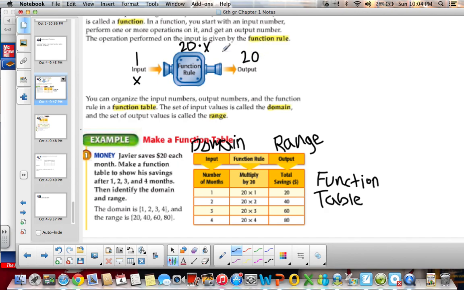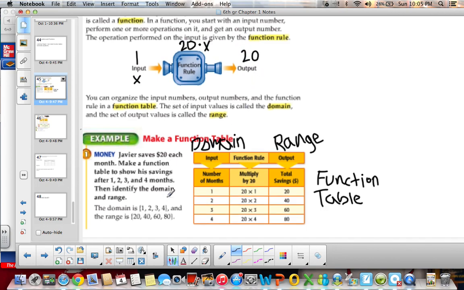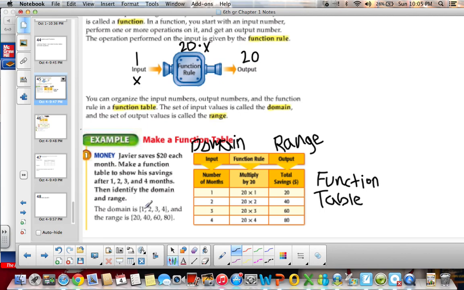There's no way that it could be 40 or 60 or 80 if we put in 1. If we put in 2, then it's 20 times 2, and we get 40. Then we would write it this way. This is called a set of values, with our little brackets. Our domain is 1, 2, 3, and 4, and the range would be 20, 40, 60, and 80. Most importantly, just remember that domain goes with input, range goes with output.